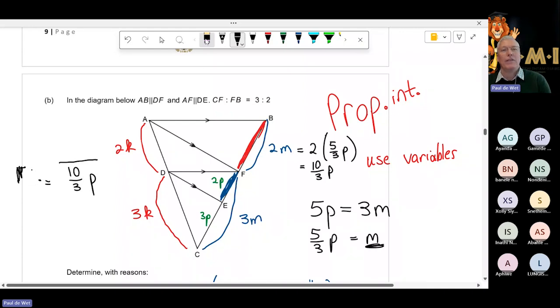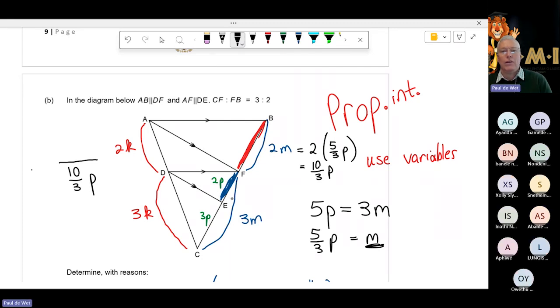Okay, goodness, sorry guys, messing this up a bit. No, EF is 2p.